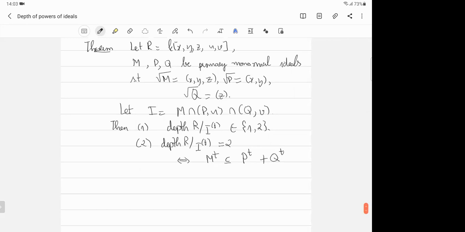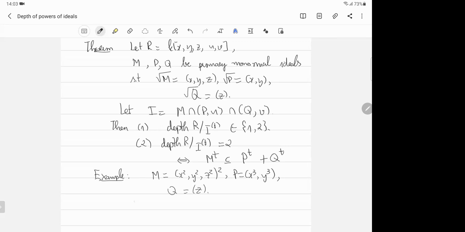And in particular, this gives you the following example. You choose M to be (x squared, y squared, z squared) to the power 2, P to be (x cubed, y cubed), and Q to be z.